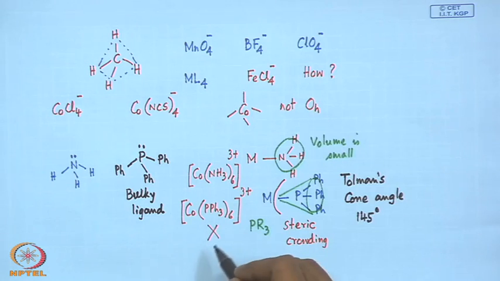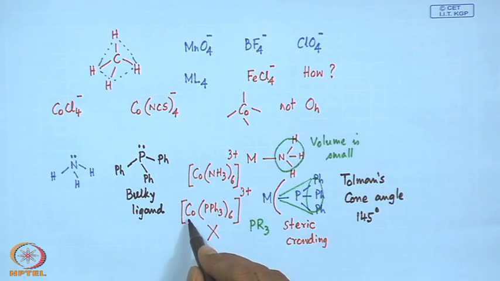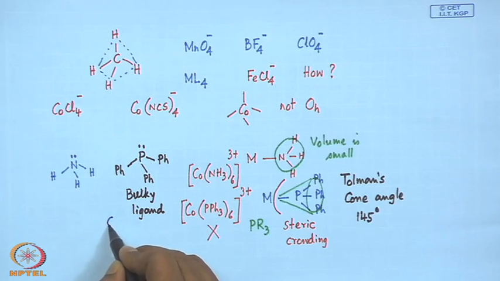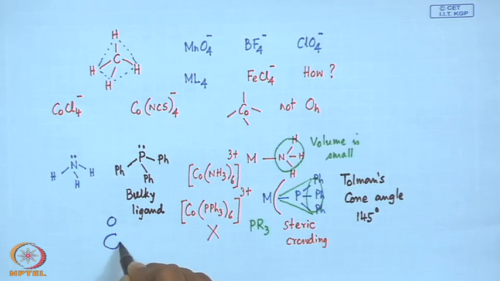So, if we go down to other metal centers, you can go from cobalt to rhodium to iridium. That means, you can move from 3d to 4d to 5d metal centers, increasing the size of the metal centers.